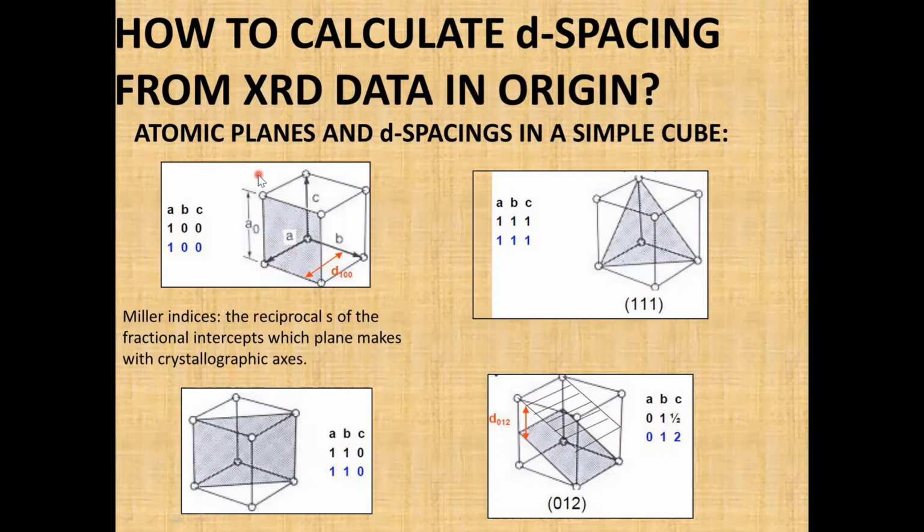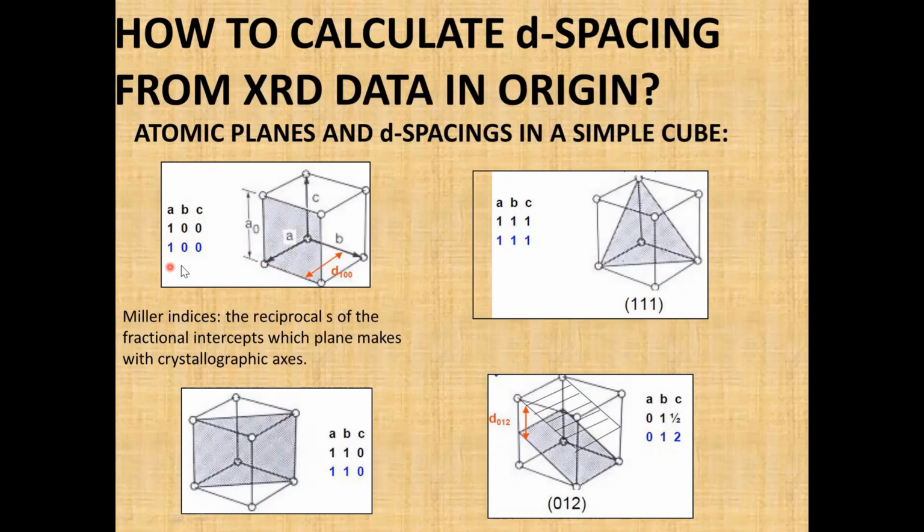Now let me show you some atomic planes and d-spacing in a simple cube. Suppose here is a simple cube where a, b, c are the lattice parameters, having intercepts on the crystallographic axes. The reciprocals of the intercepts that a plane makes with the crystallographic axes are the Miller indices.